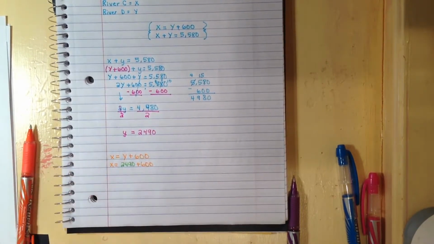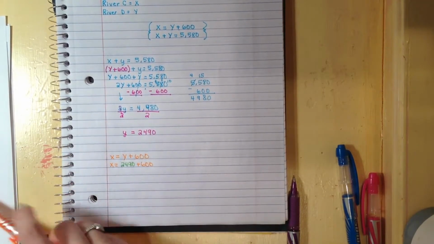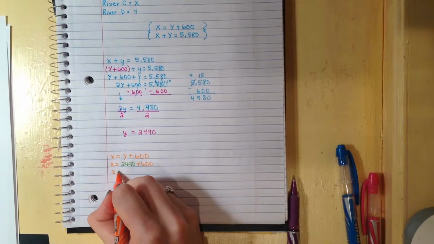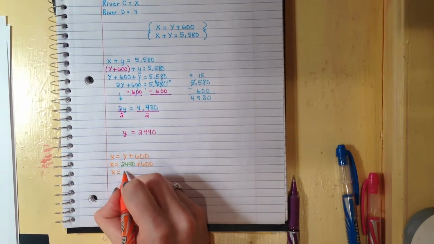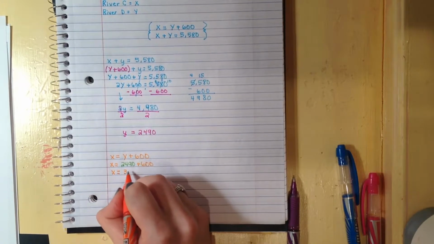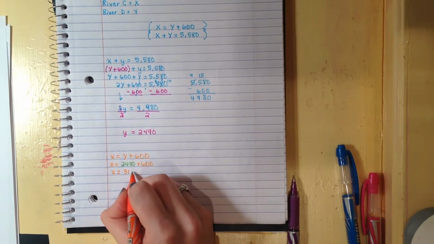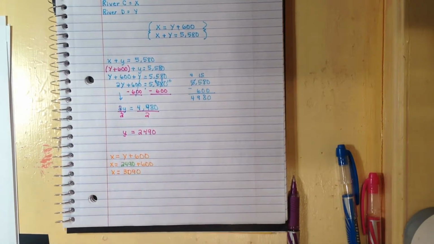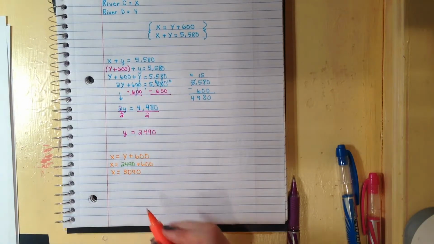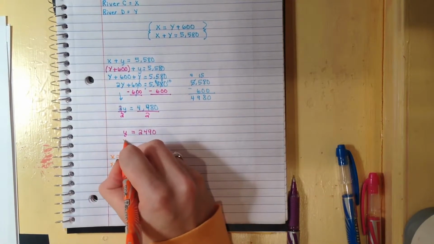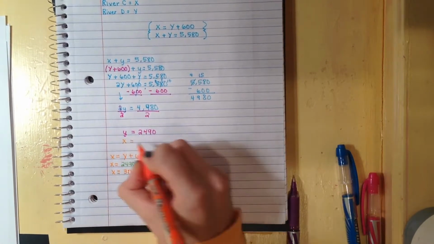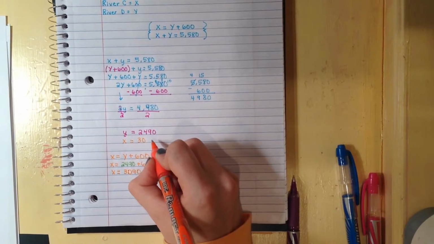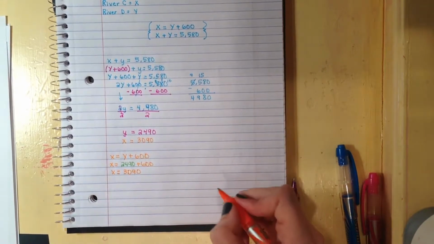And when I add those two together, I have that x equals 3,090. Now I have y equals 2,490 and x equals 3,090. I still do want to check.